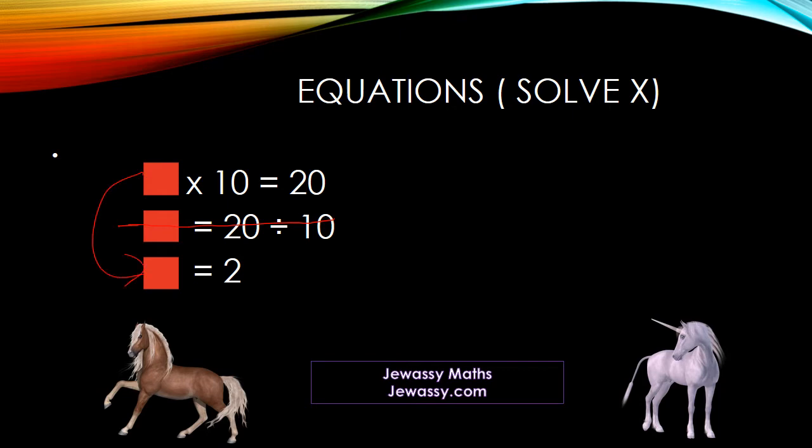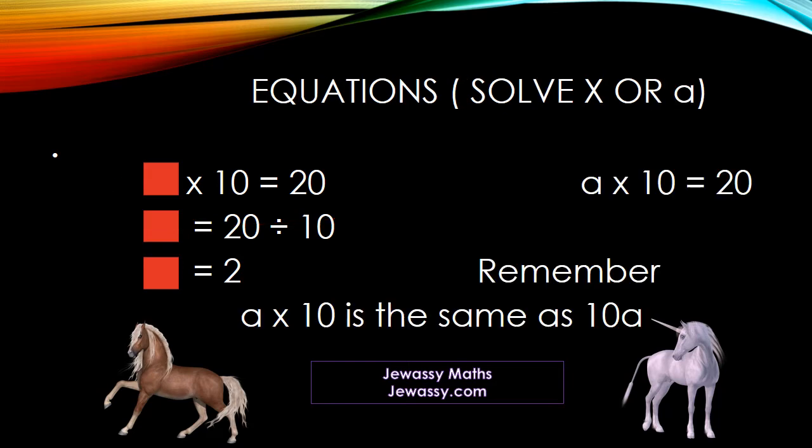Now when you got to the middle grades and higher grades of your schooling, all of a sudden that's not good enough anymore. There's no more finding the missing value of, but now they're going to ask you to solve for, usually x, but in this case, because our multiplication sign looks like the x on our keyboard, we're going to say solve for a.